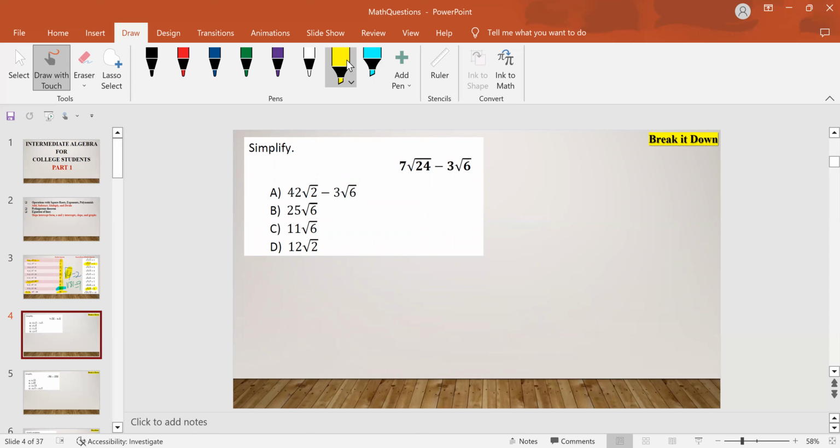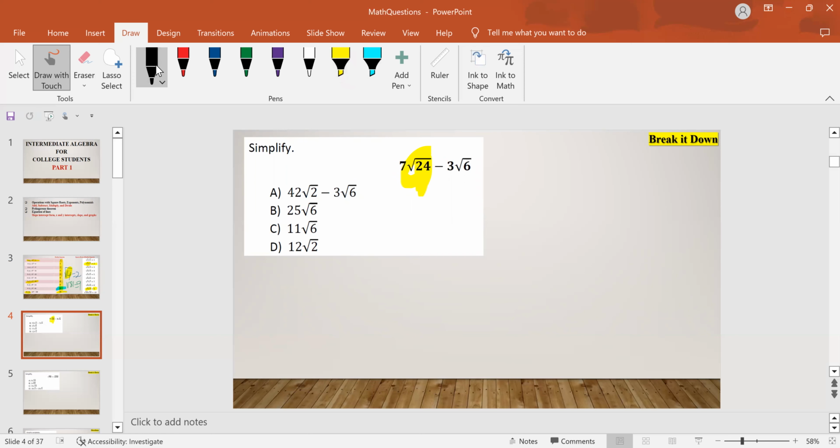Here, the key for the question is that we're going to break it down. We have 7 square root of 24 minus 3 square root of 6. To simplify, we're going to break down the square root of 24.